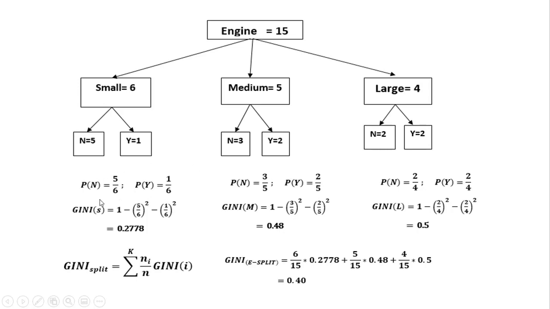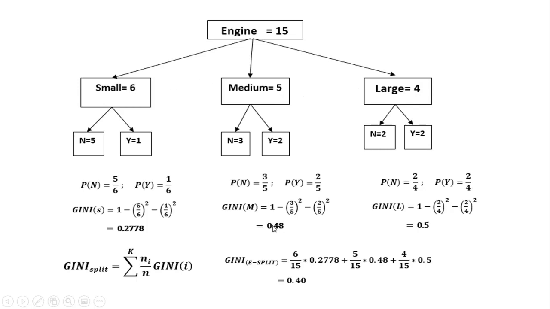From these attributes we find the Gini impurity. For each value we find the impurity. So there are three impurity values, and we have to group them into a single value. How can we do that? We can do that by using the weighted average method. So how do we give the weights? Since engine has 3 categories, this category has 6, this category has 5, and this category has 4.